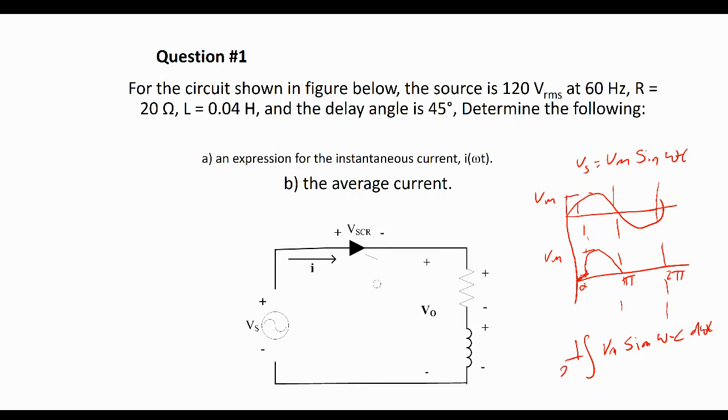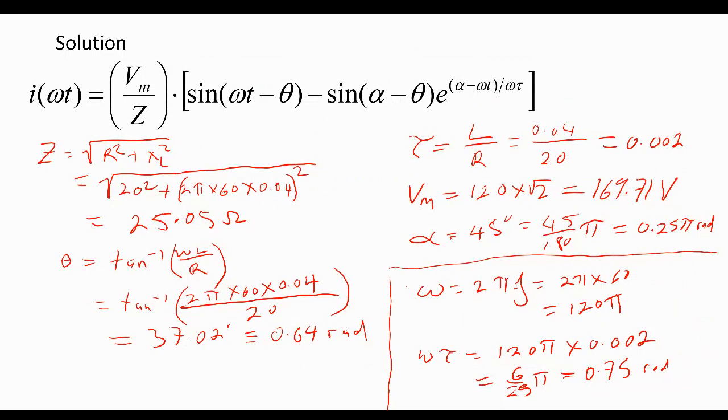That's where we are taking this average. Our limit is going to be from alpha up to pi, since beyond pi it is 0. That is for when we consider the resistive load, but this is not a resistive load we have here.